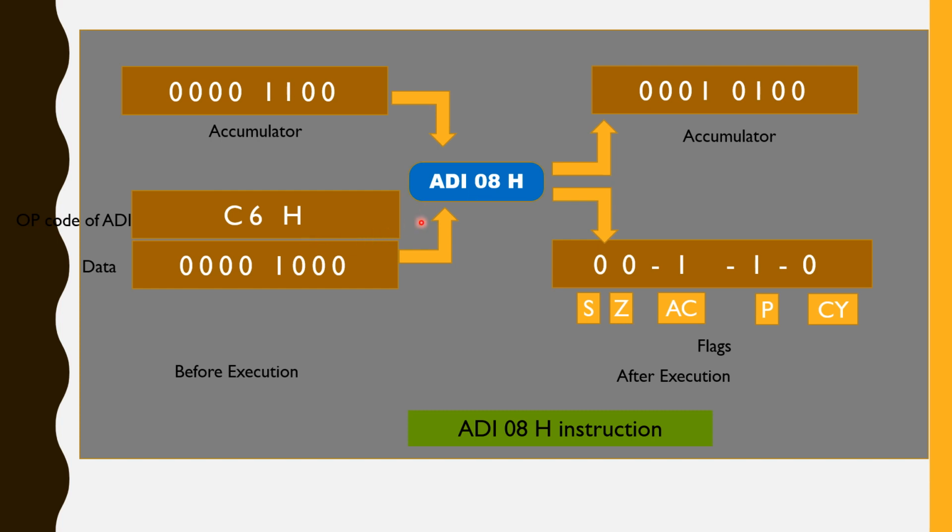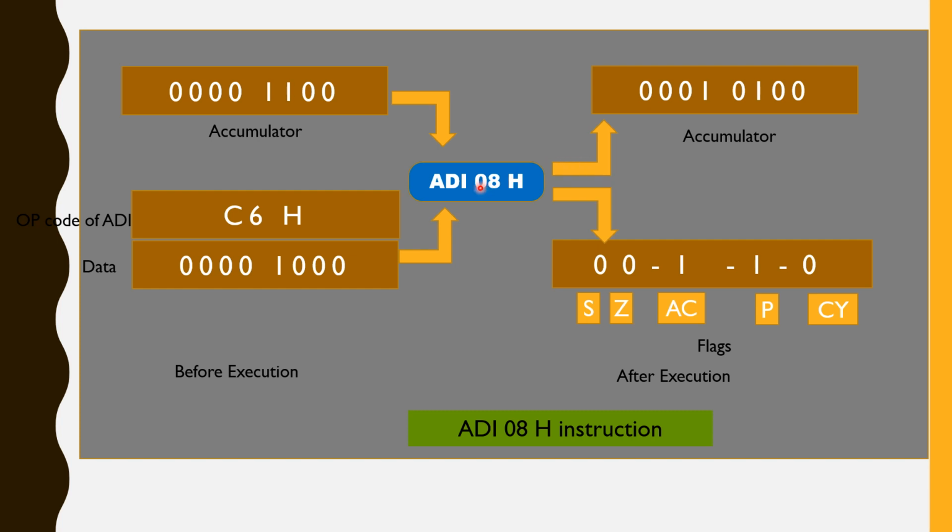So here this is the accumulator. My accumulator contains 0001100, and this is a 2 byte instruction. So here they have given the opcode of ADI, C6, and 08 data. So 08 data is in hexadecimal notation. I have converted it into binary notation.